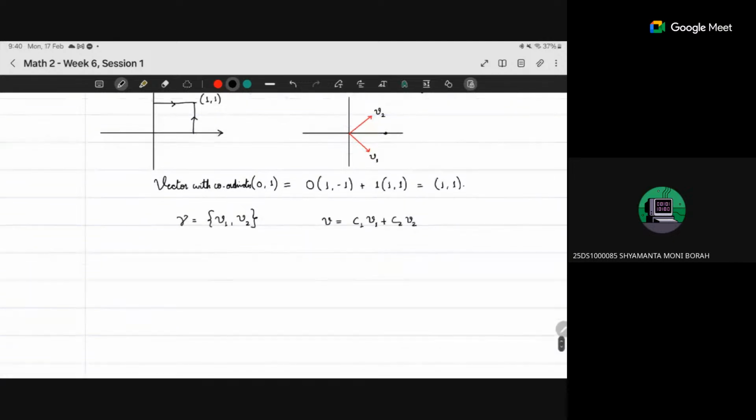And uniquely, you cannot have two expressions c1 v1 plus c2 v2 and d1 v1 plus d2 v2. You have to have a single expression. Right? That is the uniqueness of linear combination using a basis. So this, maybe let's use square brackets for now. The c1, c2 are called coordinates of the vector v with respect to the basis gamma.